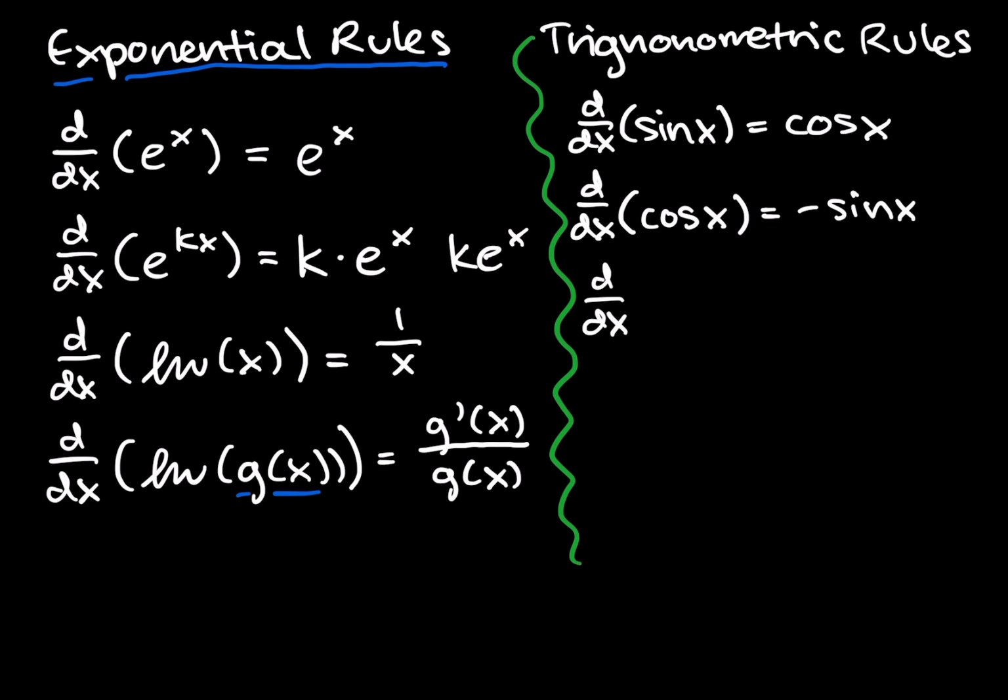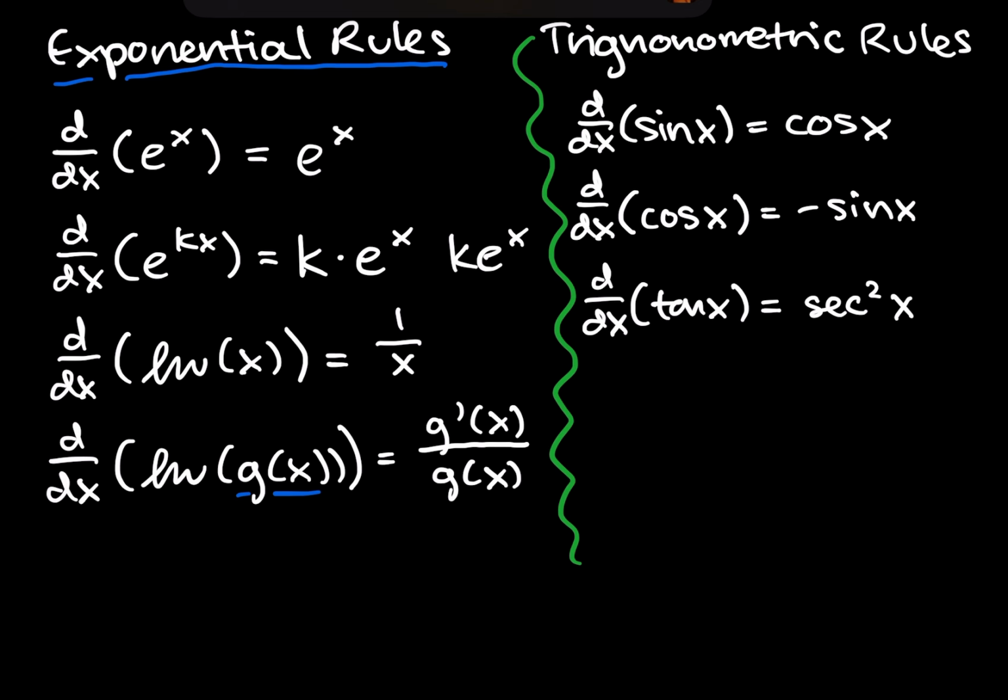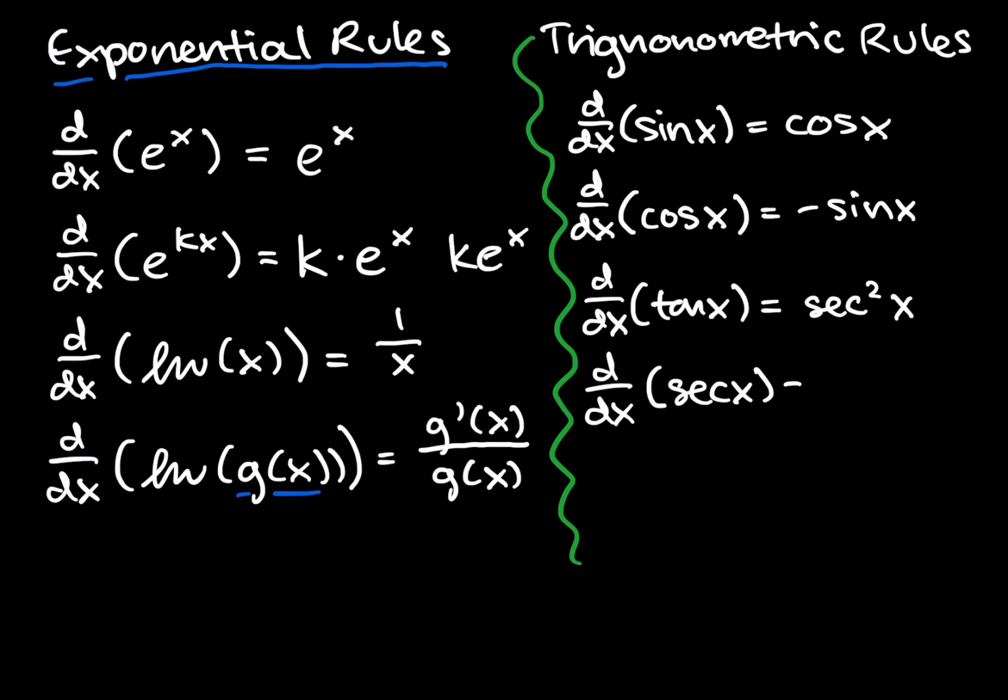Next, the derivative of tangent x is equal to secant squared x. And let's go on to my next one, which is the derivative of secant x, which is equal to secant x times tangent x.